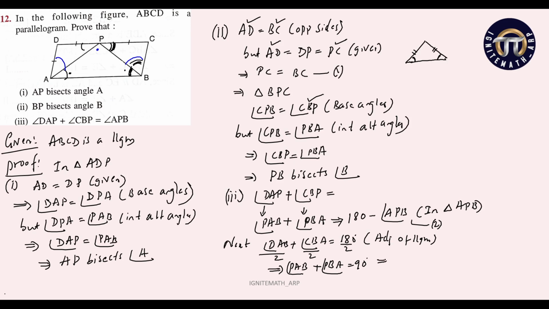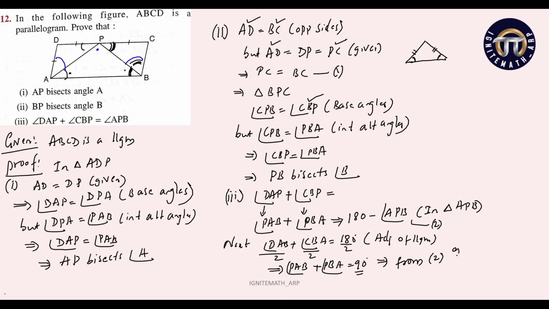Clear? So that implies from equation 2 we can say that this is equal to 90 degrees, I got. So APB, if I substitute this as 90 degrees, in place of PAB plus PBA, I will write 90 degrees in equation 2. Clear?